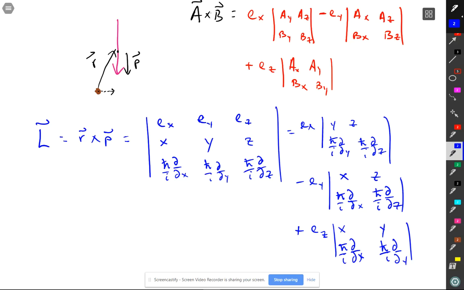Order matters. You have to do your determinant in this fashion.